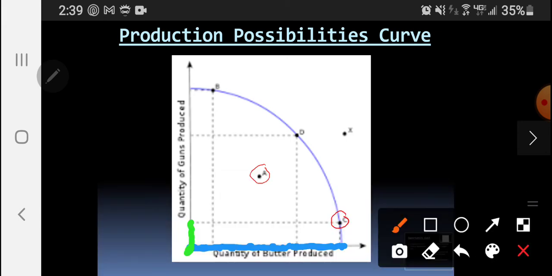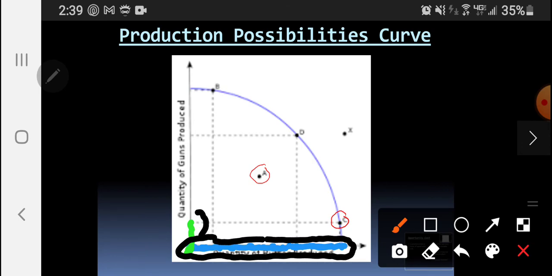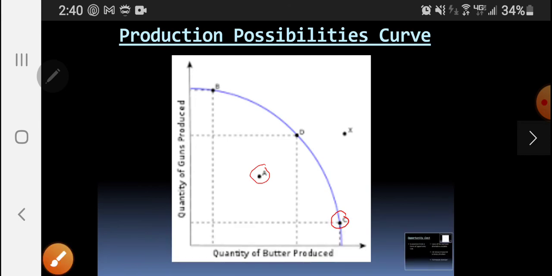So, which line is longer, the butter line or the gun line? Okay, if it helps you to connect all the way to the dot over here, then we'll do that. But it looks like if we're making a whole lot of butter, we're only making a little bit of guns.